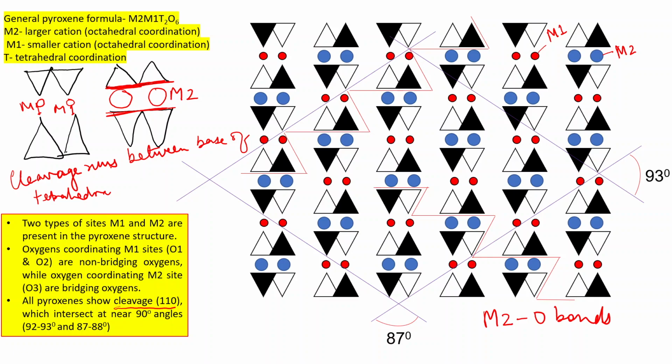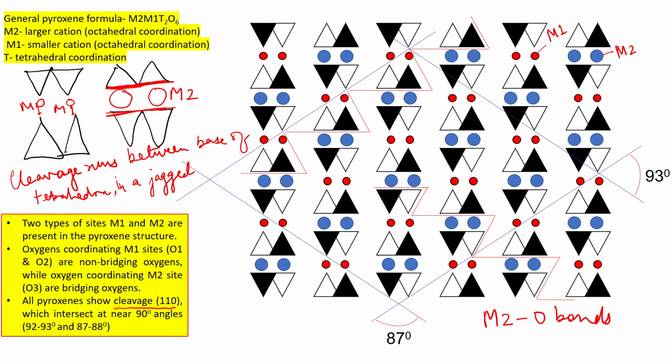Okay, and that too not in a regular pattern, in a jagged pattern. So this cleavage is not a perfect cleavage, rather it is less than perfect, or it is rough cleavage.